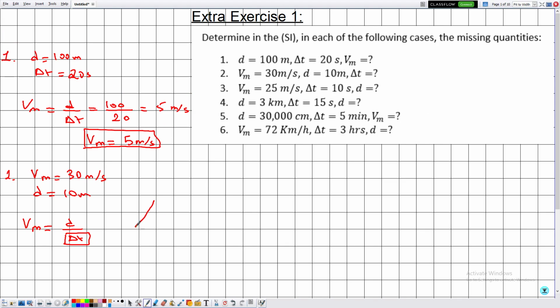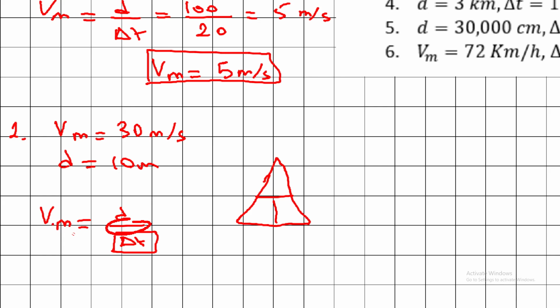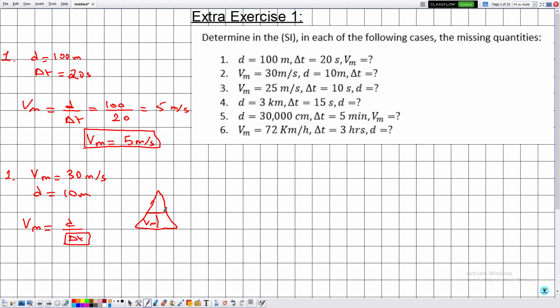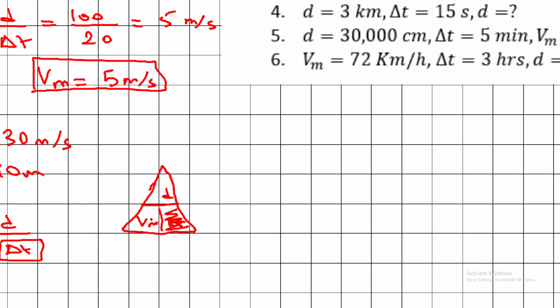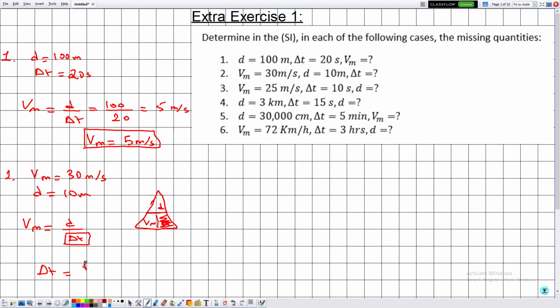so constructing the triangle of this formula, here because we have divide, then Vm will be at the bottom, d at the top, delta t here. Putting our hand over delta t, then delta t eventually is given by d divided by Vm.